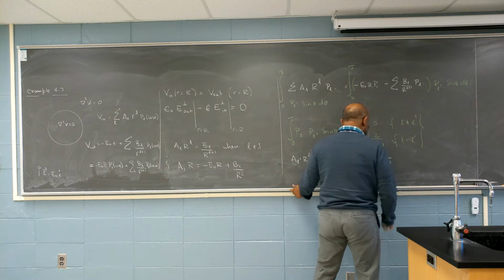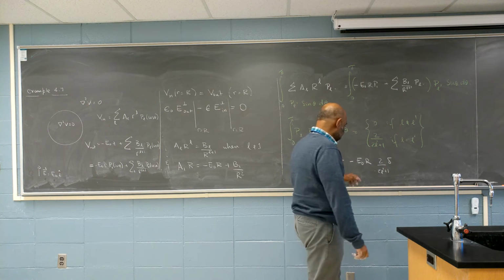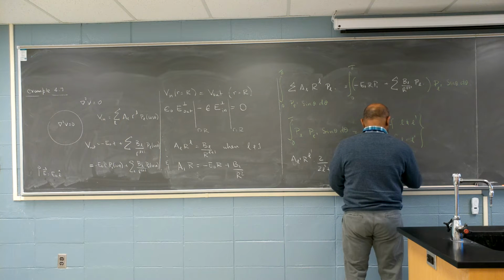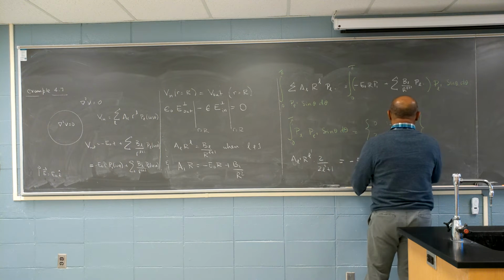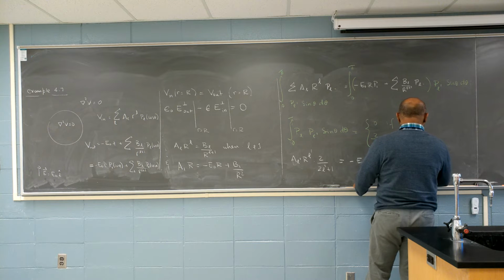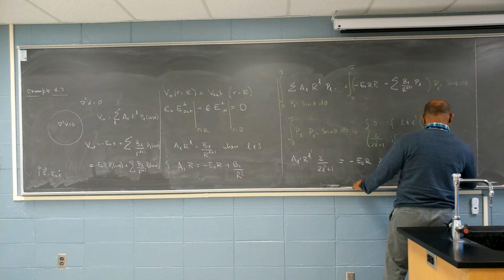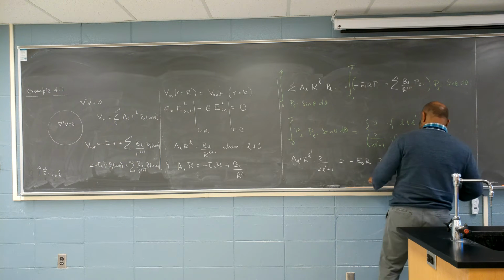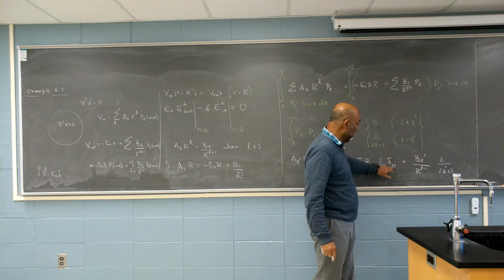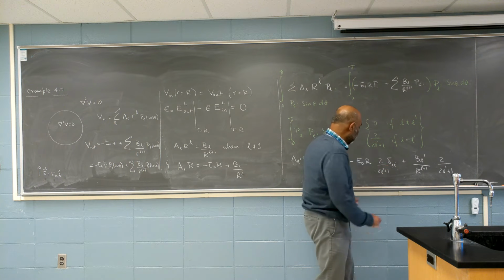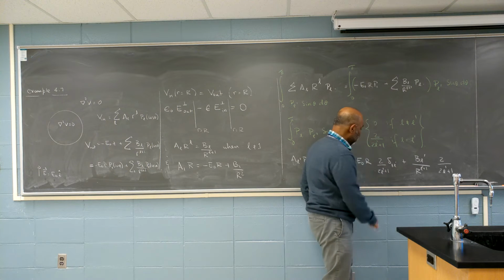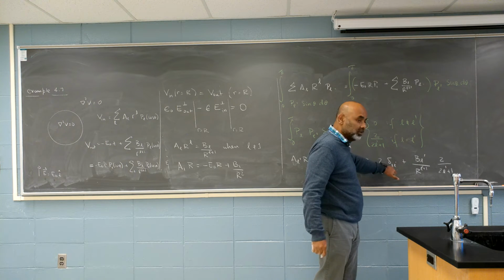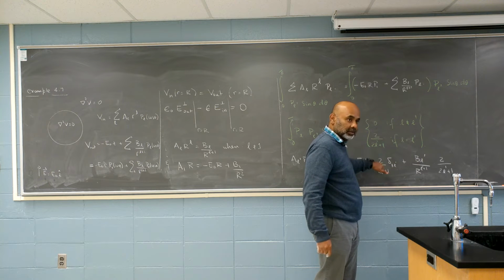I'm going to write, you may or may not have seen this notation, but let me explain. Delta L prime 1, I'll explain that term. This is 0 if L prime is not equal to 1. If L prime is equal to 1, it is this.